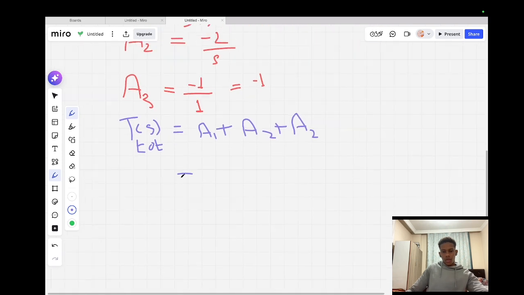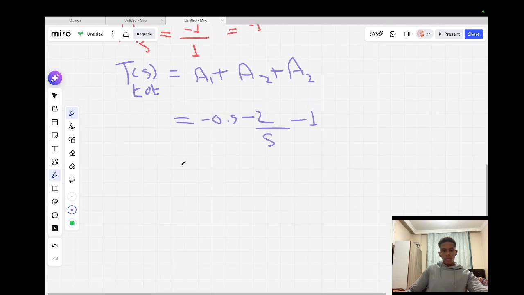So it will be minus 0.5 minus 2 over s minus 1, which is minus 1.5 minus 2 over s.